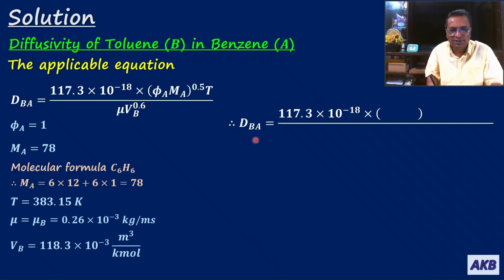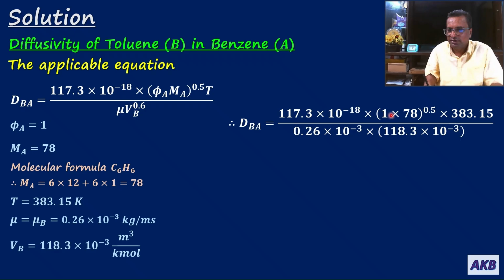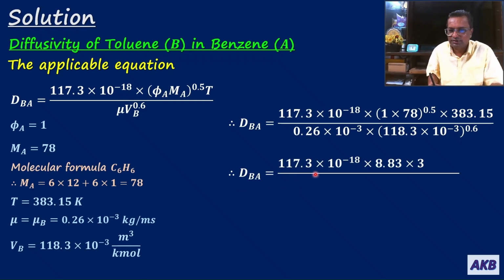So DBA will be equal to 117.3 into 10 to the power minus 18 into 1 into 78 raised to 0.5 into 383.15 divided by 0.26 into 10 to the power minus 3 into 118.3 into 10 to the power minus 3 raised to 0.6. So that is DBA will be equal to 117.3 into 10 to the power minus 18 into 8.83 into 383.15 divided by 7.22 into 10 to the power minus 5.